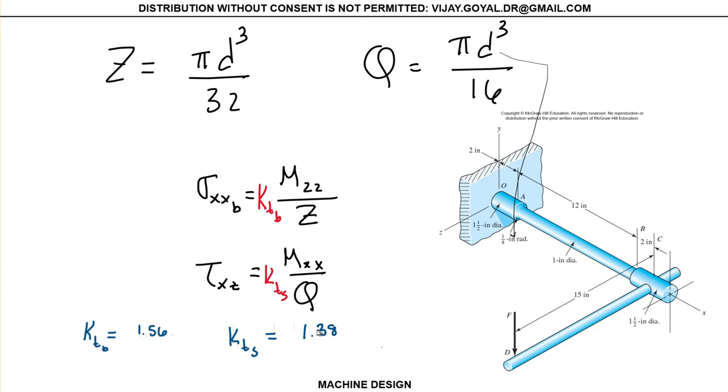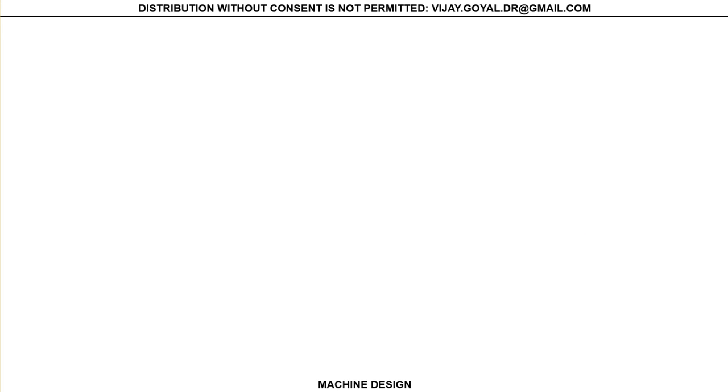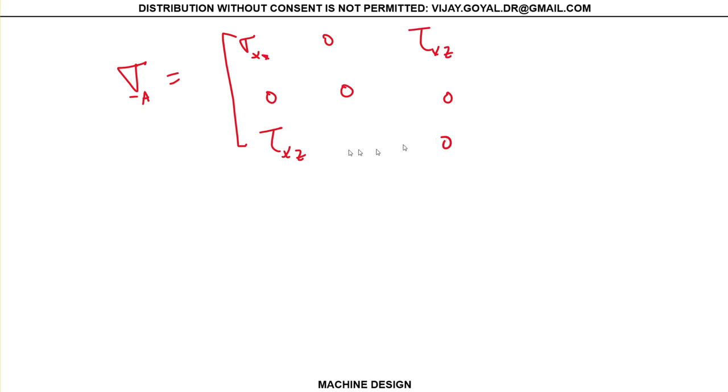So to solve this problem, it's the same process that we did before. We can build our state of stress, and note that your state of stress at point A will equal sigma xx, 0, tau xz, tau xz, and 0, 0, 0, 0, and 0.